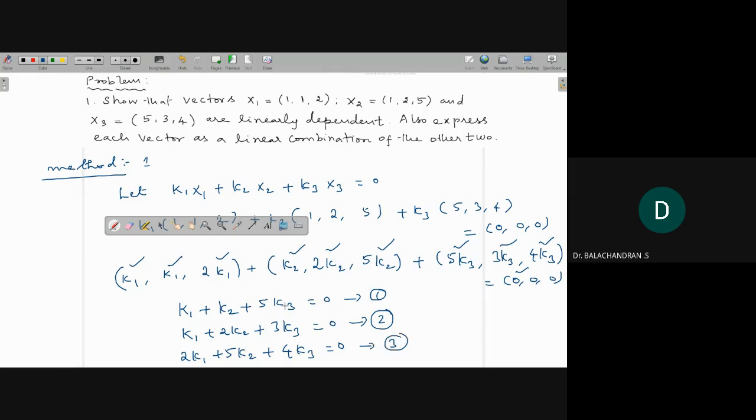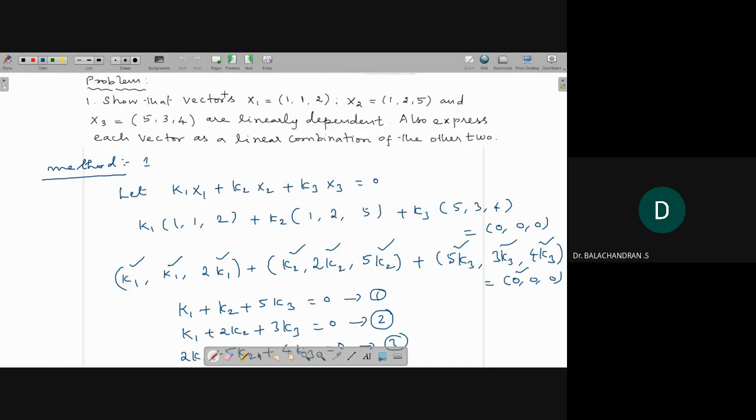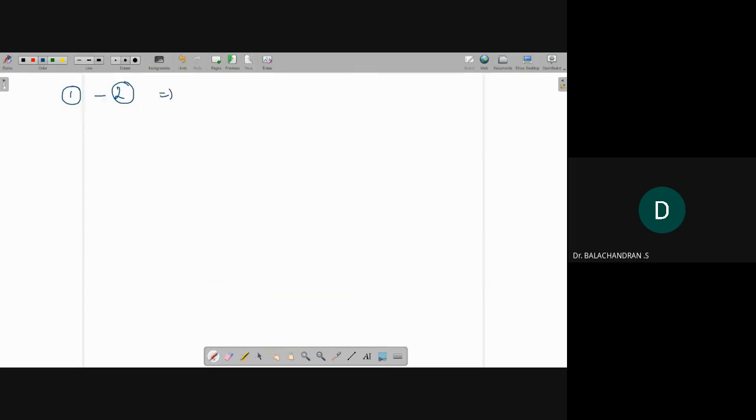Now I am going to subtract 1 minus 2, eliminating k1. Then you will get minus k2 plus 2k3 equal to 0, which implies k2 equals 2k3. This is equation 4.